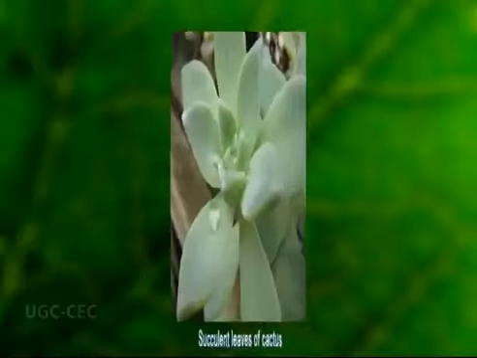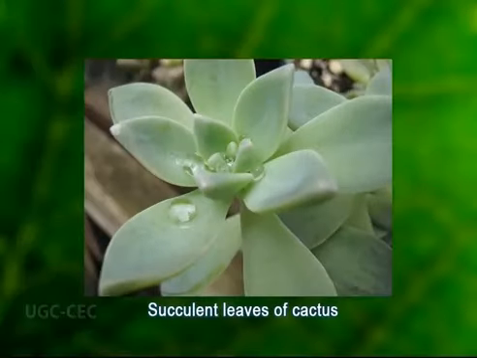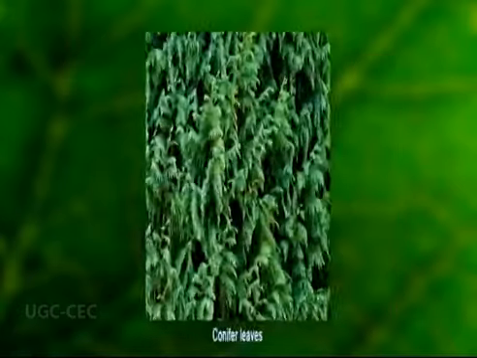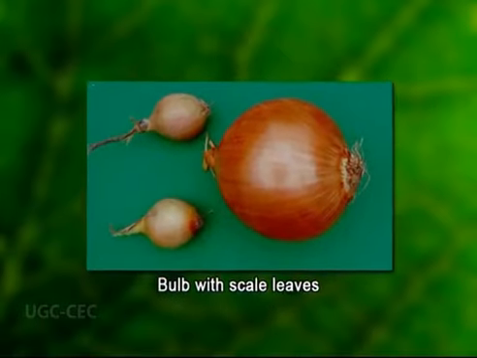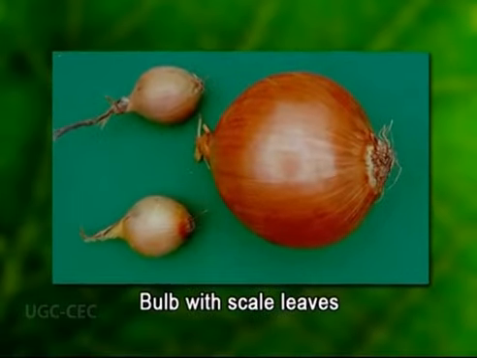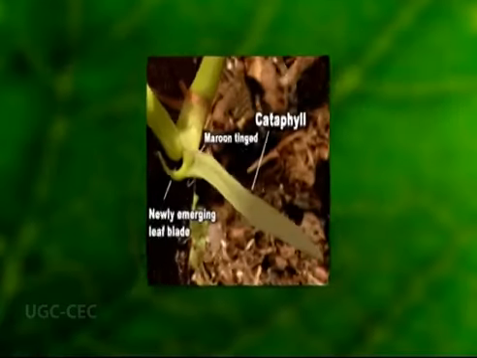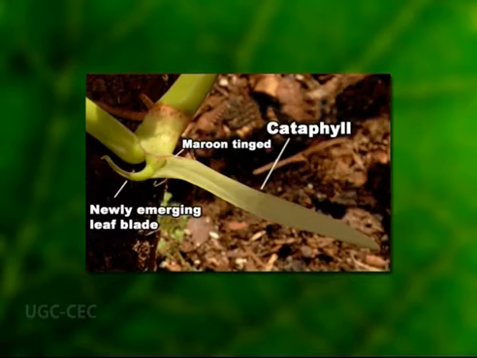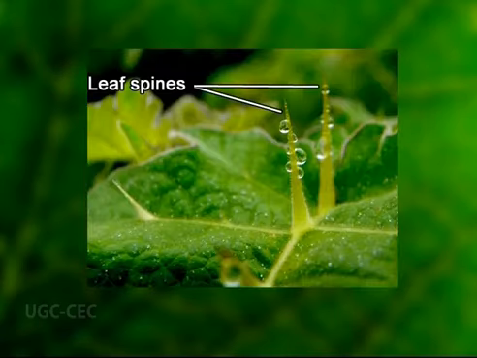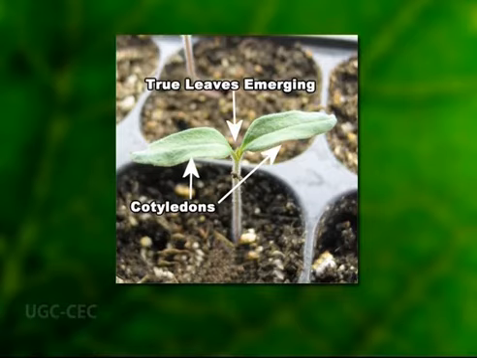But many types of leaves are adapted in ways almost unrecognizable in those terms: not flat, such as many succulent leaves and conifers; not above ground, such as bulb scales; or without photosynthetic function, for example cataphylls, spines, and cotyledons.